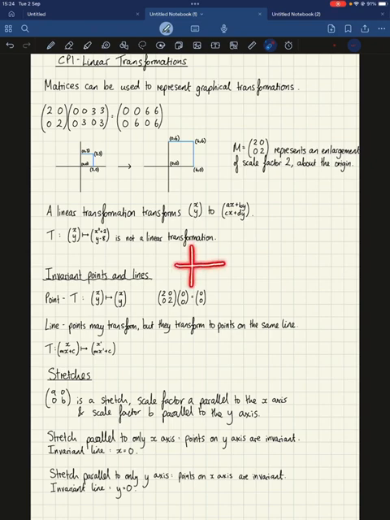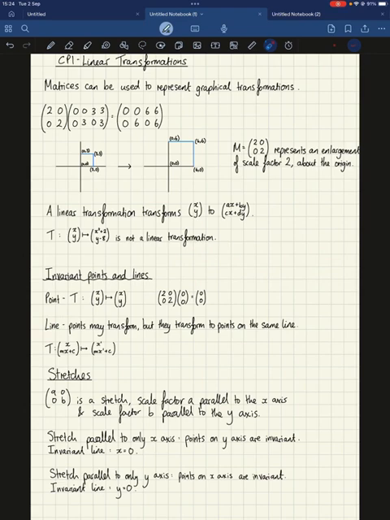So if we have a pair of axes here and we have this line, and we pick out 3 points on it, if it undergoes a transformation, so we can draw the transformation here, if this point over here is mapped over here, if this point over here stays the same maybe, and if this point over here is mapped down here, the points are not invariant because they're mapped to different places, but if the same line is still created, they still lie on that same line, the line is invariant.